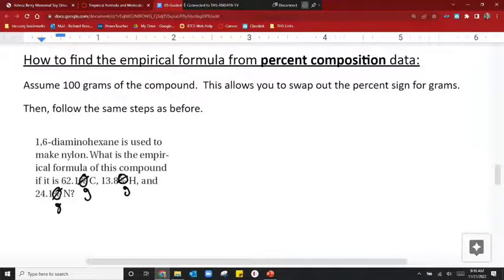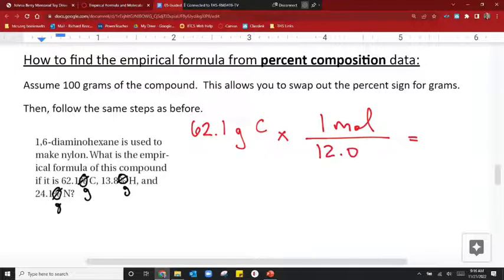So when you're given percentages, just change percent signs to grams for each element, and then we're going to convert our grams to moles and use those moles as our subscripts, dividing by the smallest number to get the simple whole number ratio. So I'm going to say 62.1% carbon, or now grams of carbon. I'm going to convert that to moles using the atomic mass straight from the periodic table.